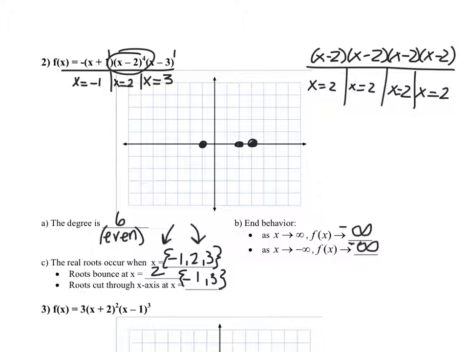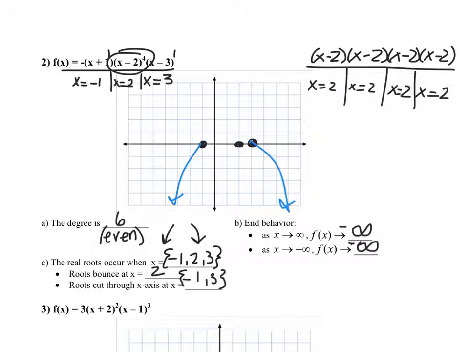So now let's take care of our end behavior. So it goes down, down at the end. So down, down. And I have a bouncing root at 2 and it cuts through the x-axis at -1. So it cuts through, goes to some value up here, and then comes back down.